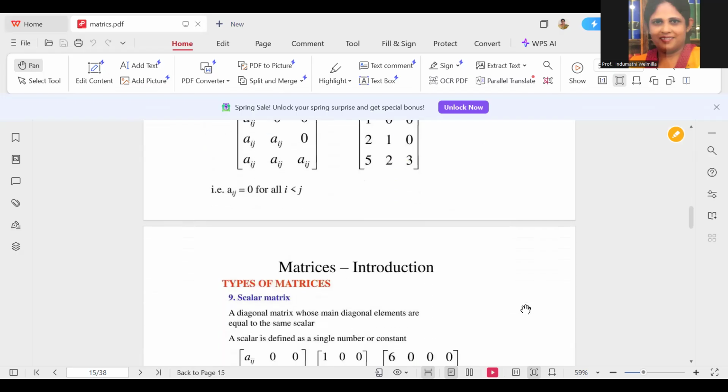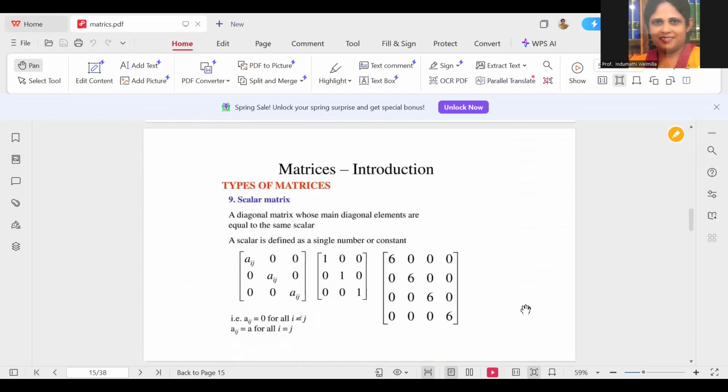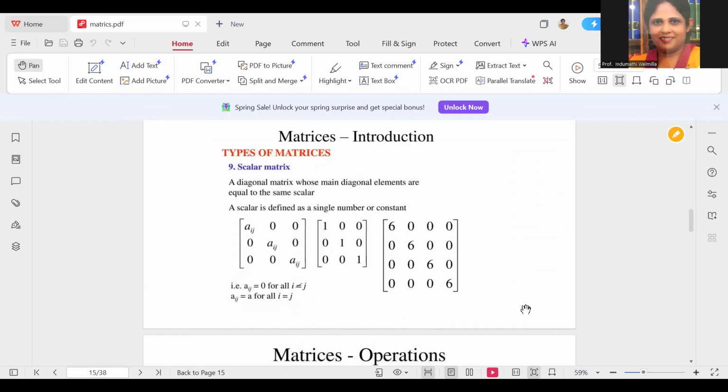So the other one is the scalar matrix. A scalar matrix is a diagonal matrix whose main diagonal elements are equal to the same scalar, the same number. In this one, you can see it is a diagonal matrix, that means the main diagonal has numbers and others should be 0, but the diagonal's numbers are the same number.